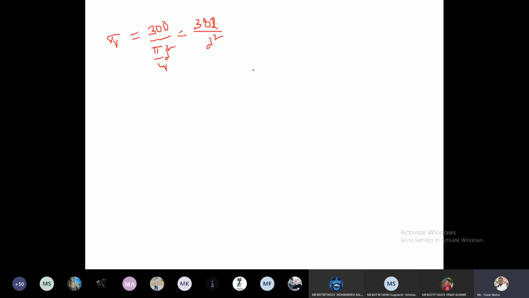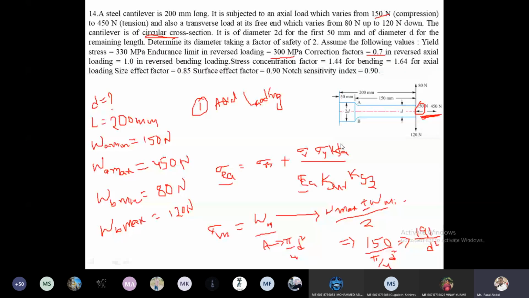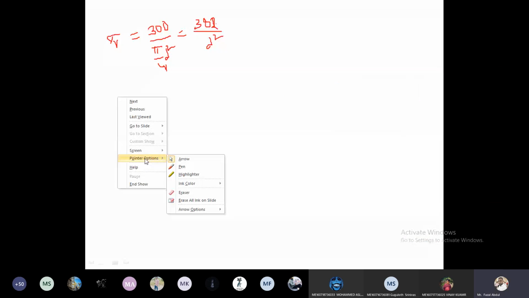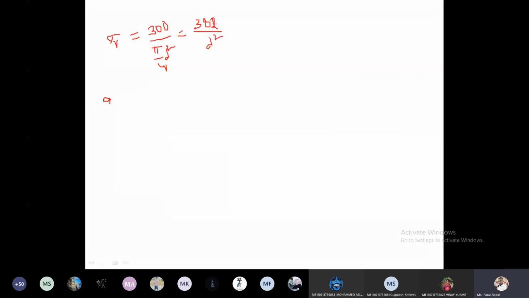Now after calculating this, what are the things required? Here mean stress, variable stress we calculated, yield strength is given in the question, Kf value we require. So to calculate Kf value, from the notch sensitivity, q equals Kf minus 1 by Kt minus 1.